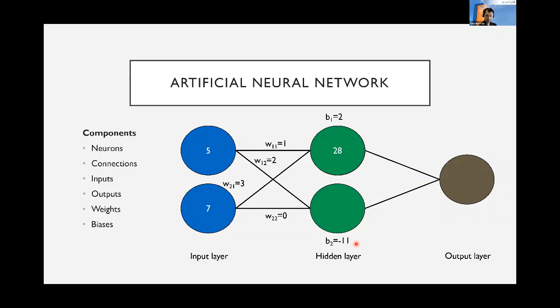Under this situation, the value of this neuron is going to be 5 times 2, that's 10, plus 7 times 0, so that's 0. So we have 10 minus 11. This value is going to be minus 1. Okay, and so I hope this is where you can see how a negative value can actually potentially emerge out of, let's say, your classification model.